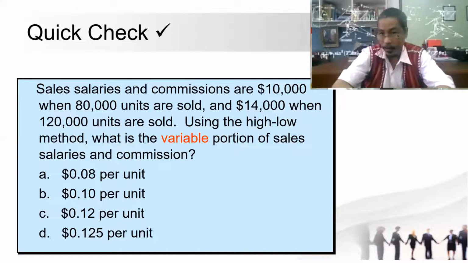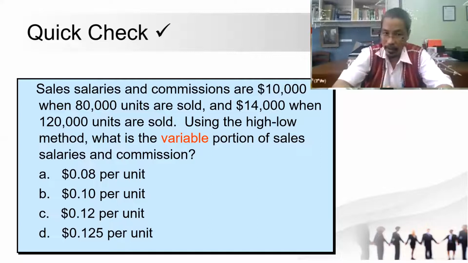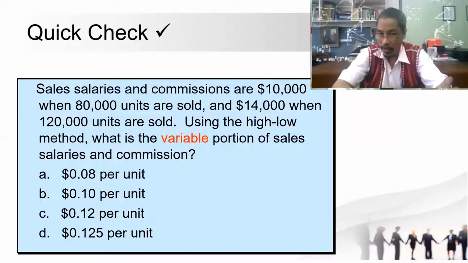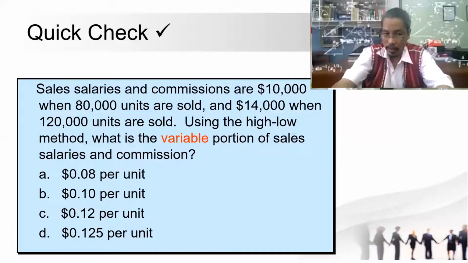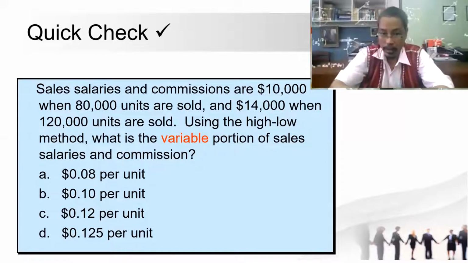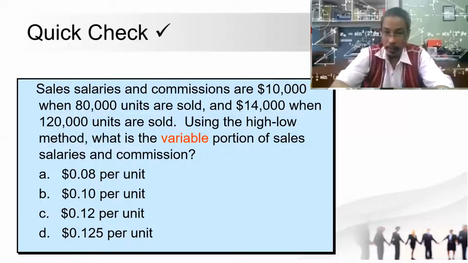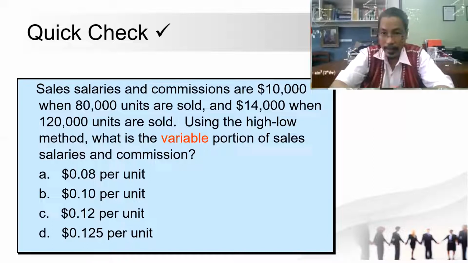So these are important points: 80,000 units, $10,000; 120,000 units, $14,000. Those are coordinates of points in the diagram.